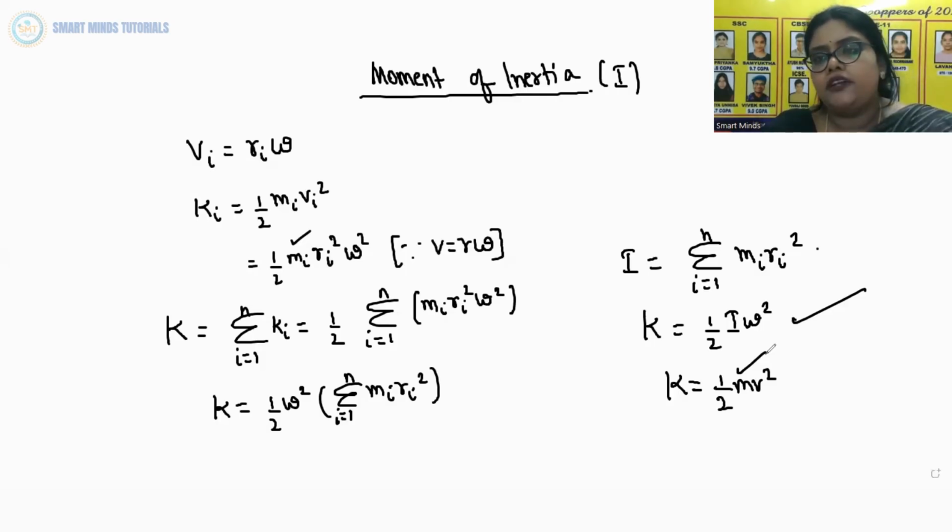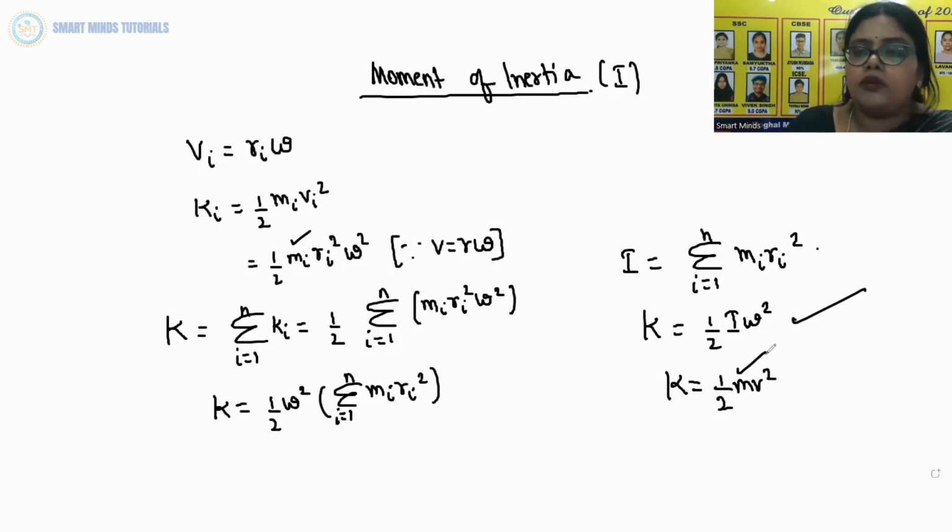Omega is in terms of rotational motion, v is in terms of linear motion. So it is evident from the comparison that moment of inertia I is the desired rotational analog of mass. In rotation about a fixed axis, the moment of inertia plays a similar role as mass does in linear motion. The same way mass plays the role in linear motion, moment of inertia plays the role in rotational motion.